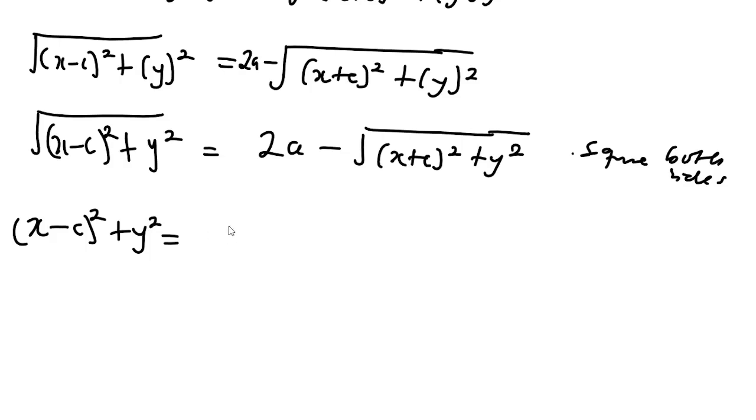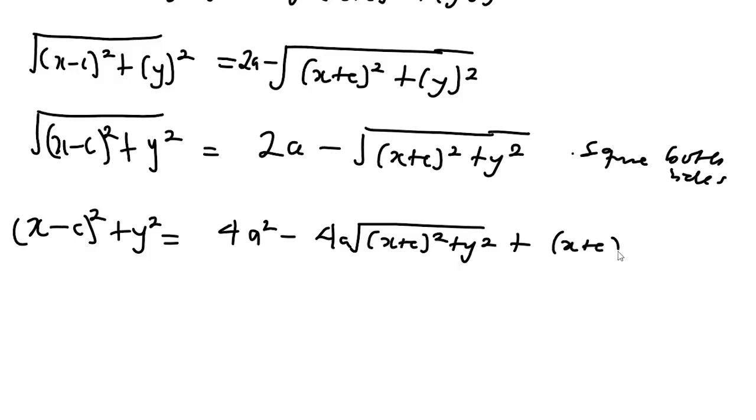So we are going to get 4a squared minus 4a root of x plus c squared plus y squared, then plus x plus c squared plus y squared. That's for the other side.